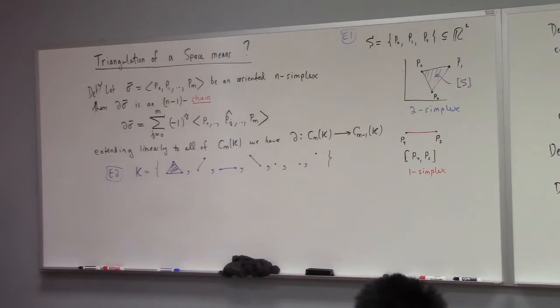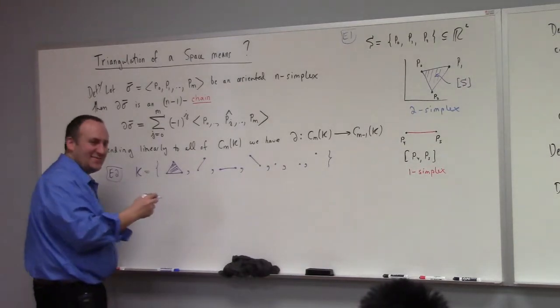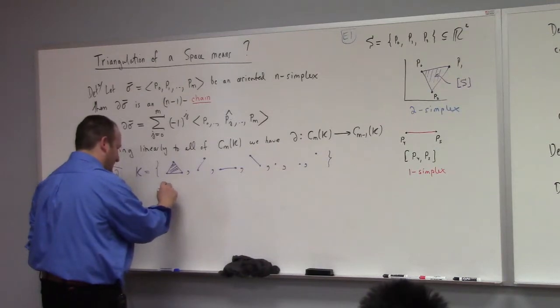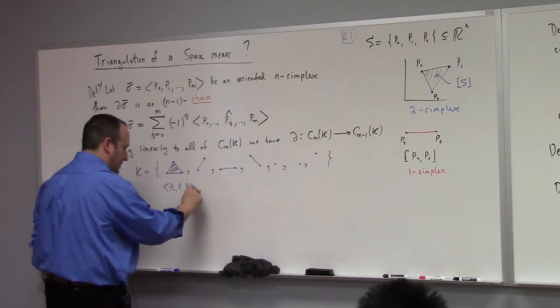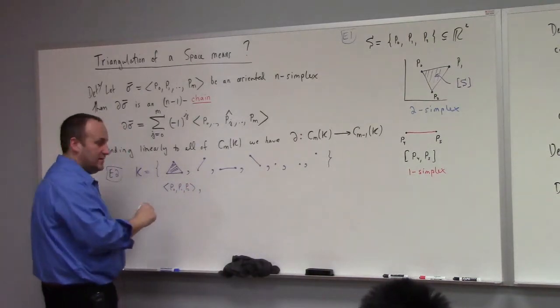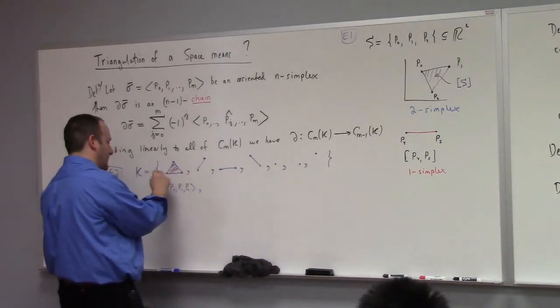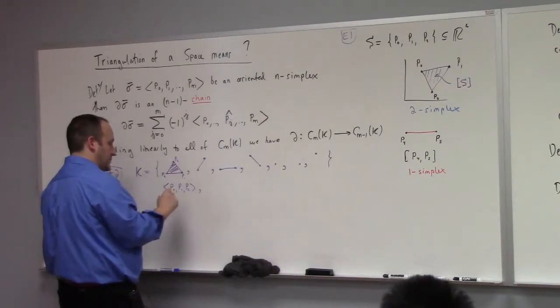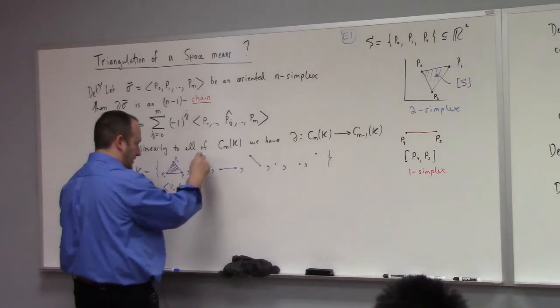Sorry, what I'm saying is the two simplex, P0, P1, P2. If I'm saying this is P0, this is P1, this is P2, then this would be what?